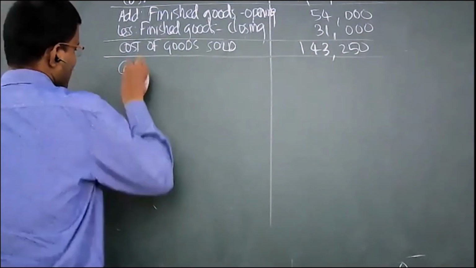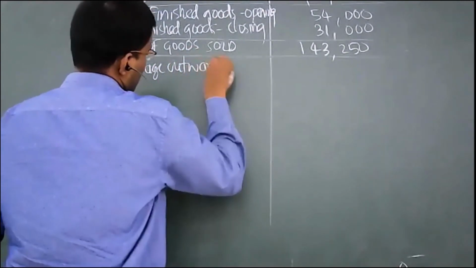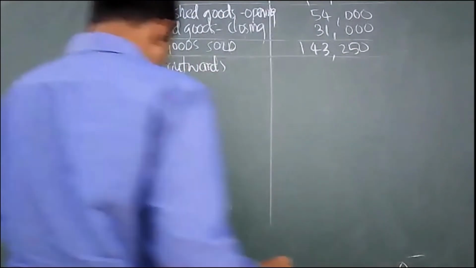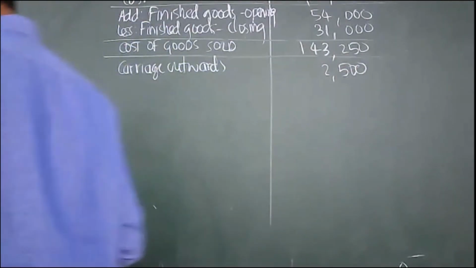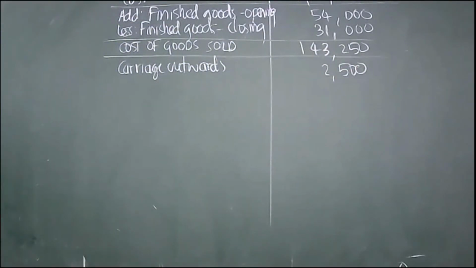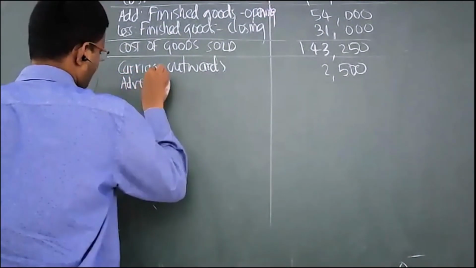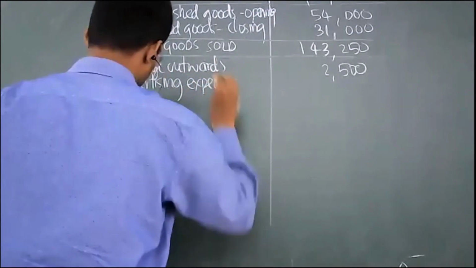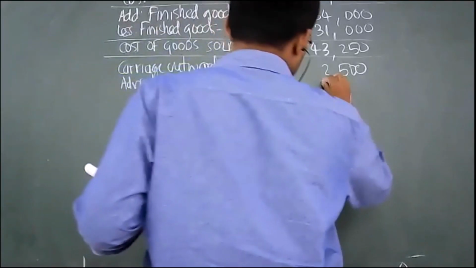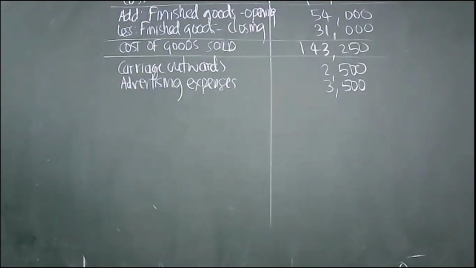We have carriage outward, which is 2,500. Then we have advertising expenses.